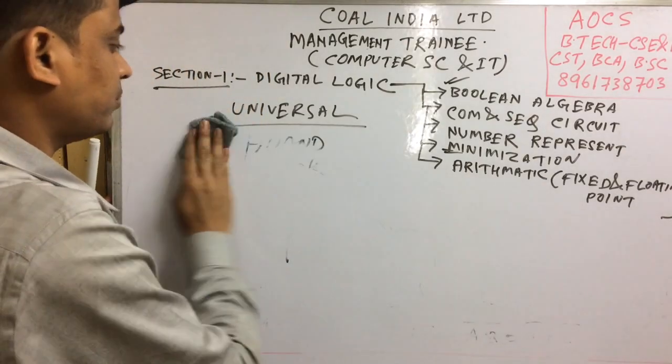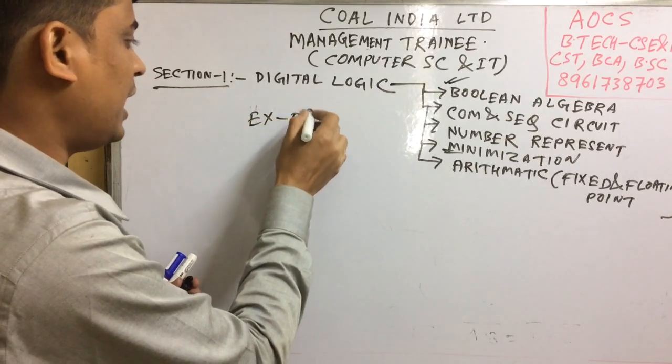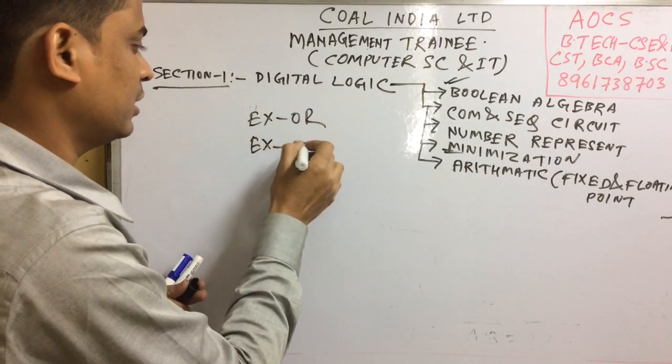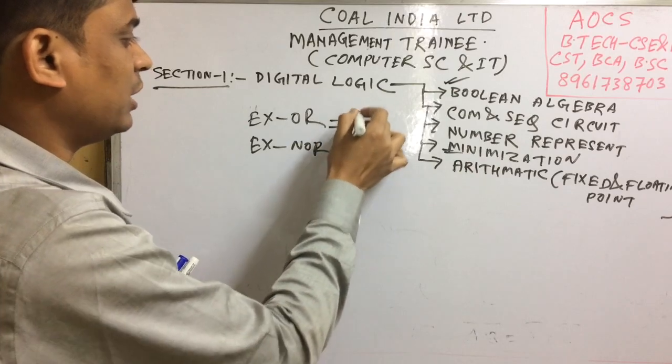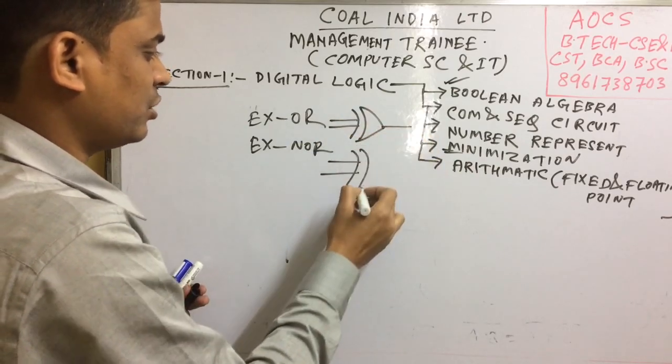And number 3, the exclusive gates: XOR gate and XNOR gate. This is the XOR gate and this is the XNOR gate.